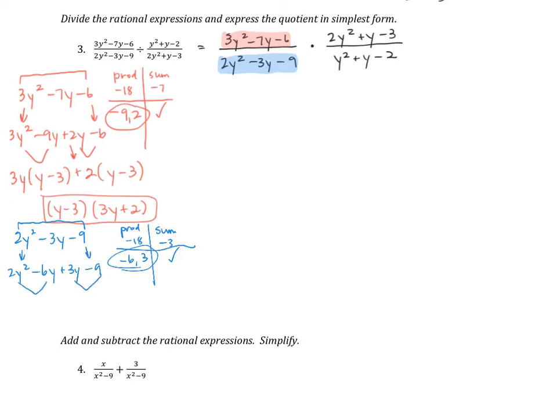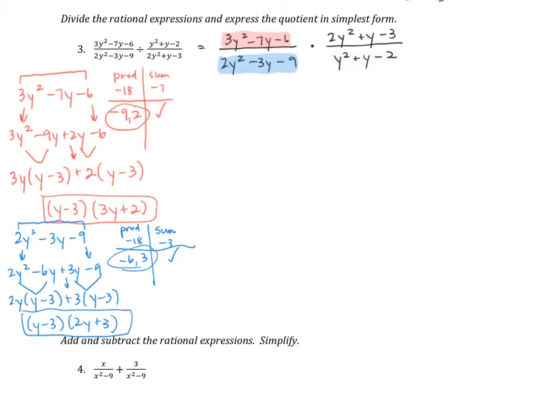Now we have 4 terms, so we're going to do factor by grouping. So 2y is in common. If I divide that out, I will have y minus 3 left. Plus 3 is in common. If I divide out a 3, I'll have y minus 3 left. So y minus 3 and 2y plus 3 are my factors for the blue.